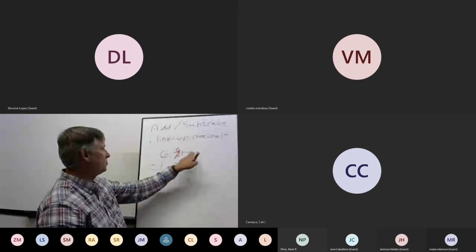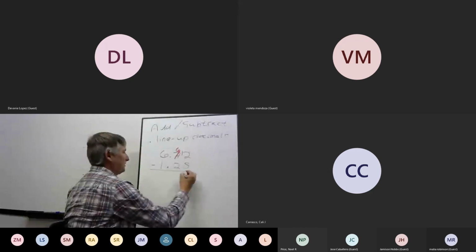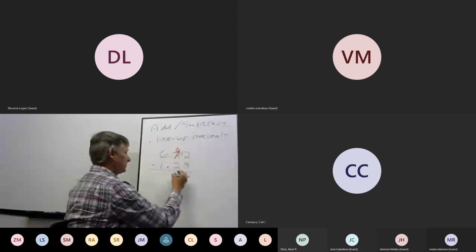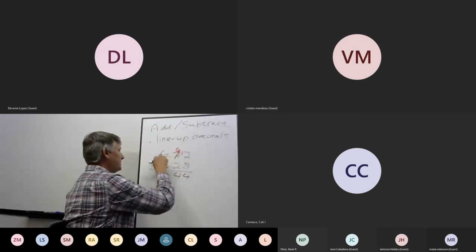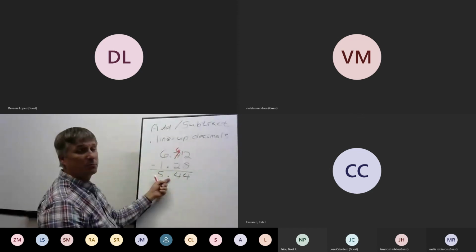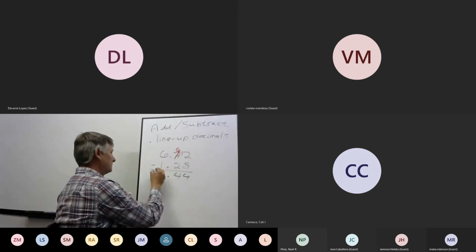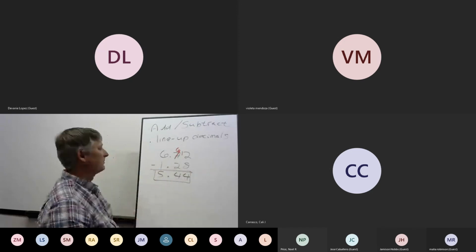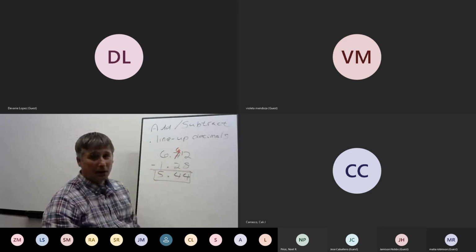And now we do 12 minus 8 is 4. 6 minus 2 is 4. And then 6 minus 1 is 5. Again, we just bring down the decimal. So you get a little review on borrowing.